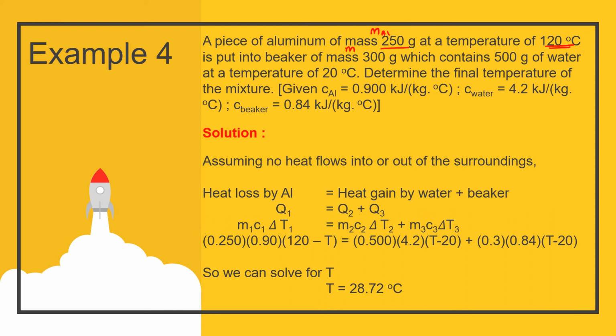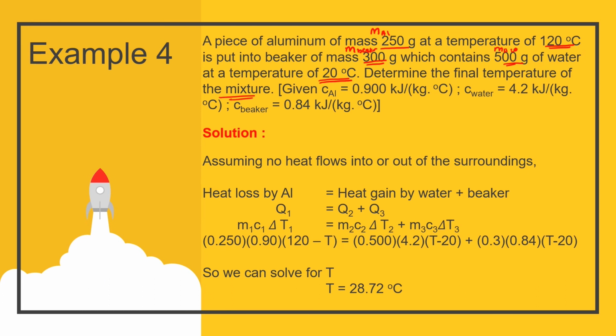So M ni adalah M beaker 300 gram and then this one adalah M H2O. Okay. So dia kata at a temperature 20 degree Celsius. So both beaker and water ada dia punya temperature adalah 20 degree Celsius. So dia suruh cari final temperature of the mixture.